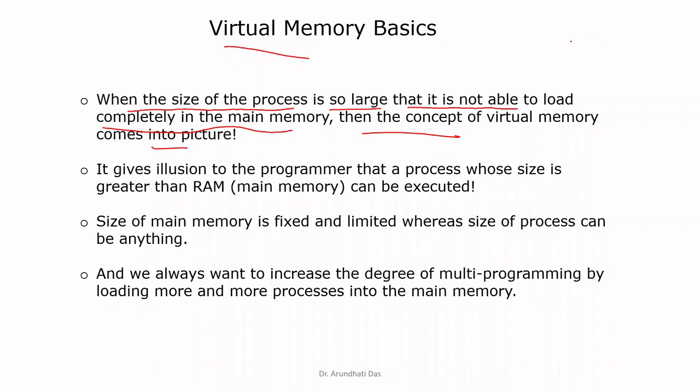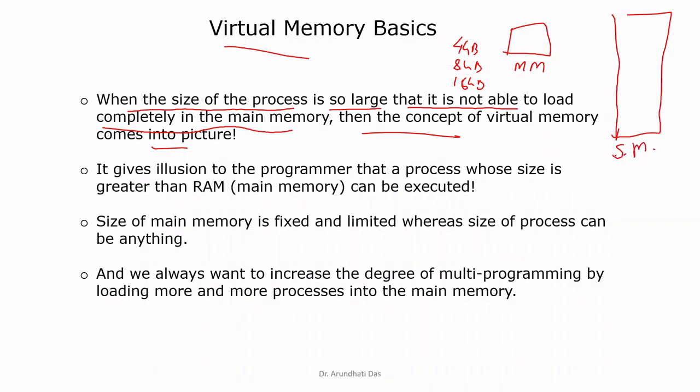So generally what happens, our main memory, because it is a costlier one, the size of the main memory is always small, like 4 GB, or 8 GB or 16 GB, in these kinds of ranges, right? Whereas in my secondary memory, where all my processes are, I get a lot of space, 500 GB, 1 TB, 2 TB, like that.